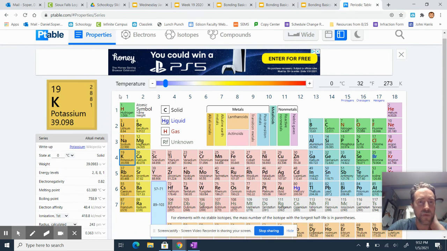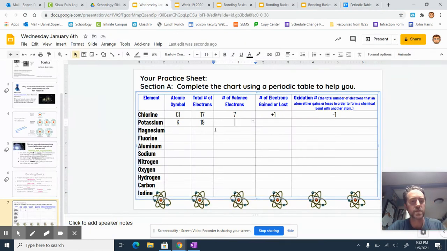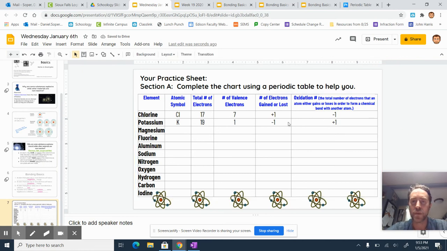It's in group 1, so it's going to have 1 valence electron. The easiest way for it to get a full outer shell, instead of having to gain 7 electrons, is actually to lose that 1 electron. And if it loses an electron, it's going to have a charge of +1 because it's got rid of a negative charge. What you'll see is that this column is the opposite of this one.